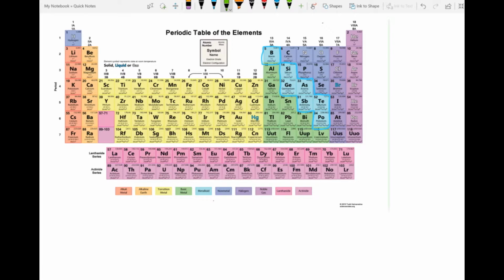All of the elements to the right of those metalloids, like that, those are called the nonmetals. And so this is why it's very simple for you: if you just show where the metalloids are at, you can keep it that simple for yourself.